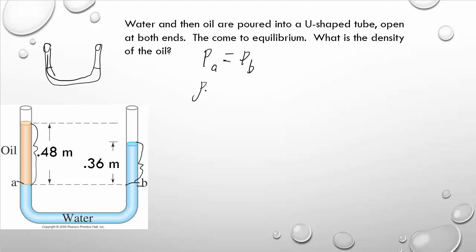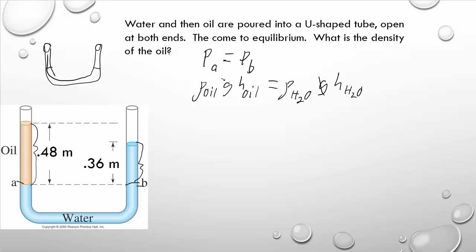So at location A we have the density of the oil times g times the height of the oil. And on the other side, we've got the density of water times g times the height of the water.